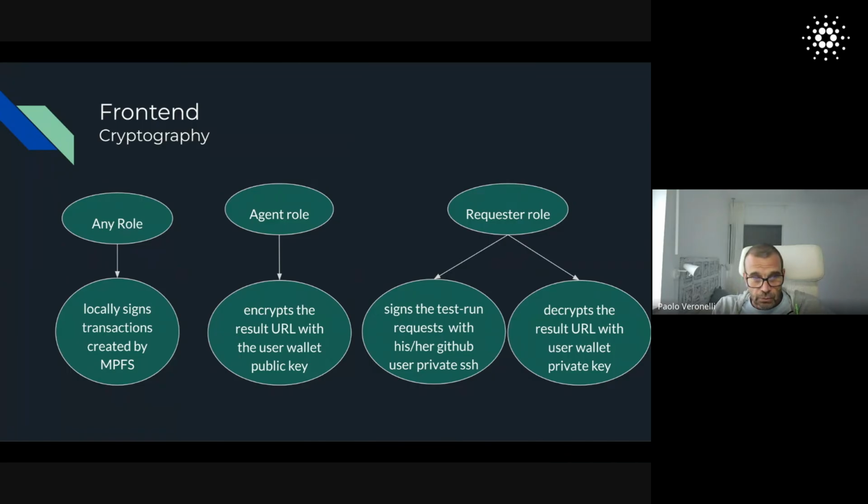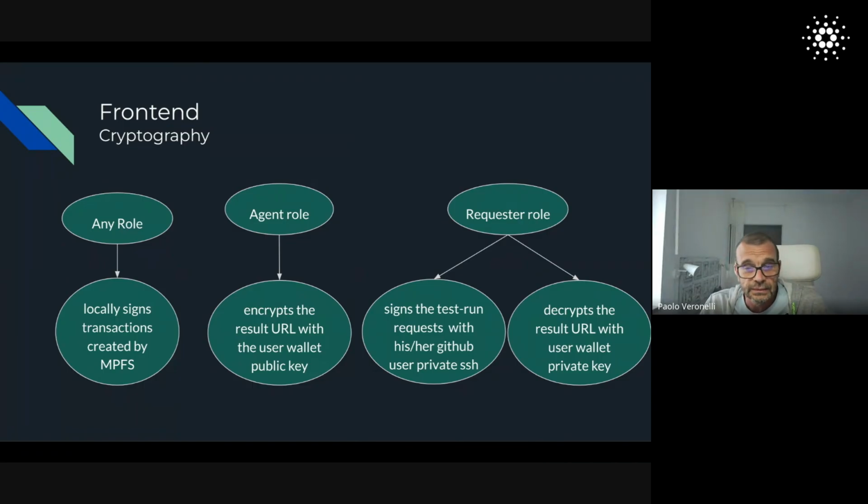And the agent role encrypts the URL of the results. This is necessary to prevent the public from seeing all the results, because sometimes they could be sensitive. And then the requester role has two critical cryptographic operations.